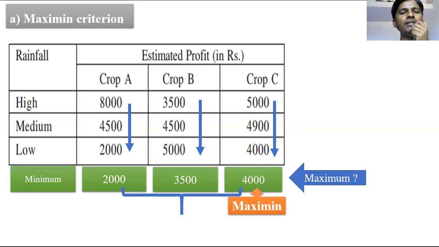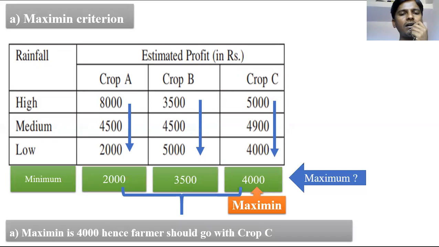The maximum value is 4000. From the minimums, the maximum is 4000. Therefore, on the basis of the maximin criteria, we can suggest the farmer should go with crop C.